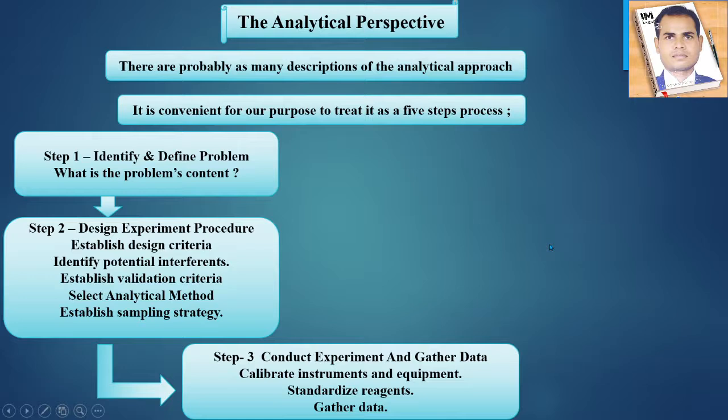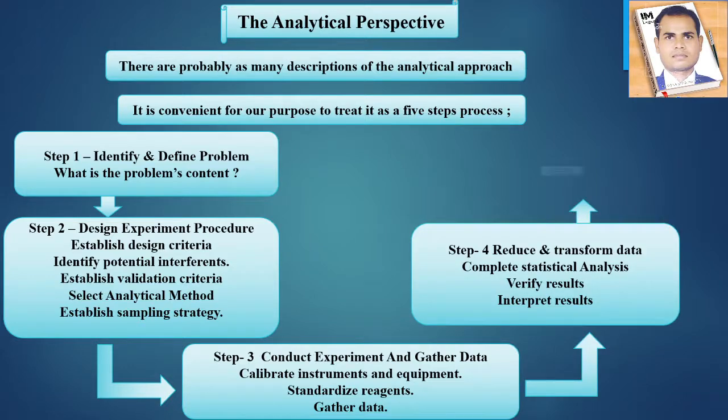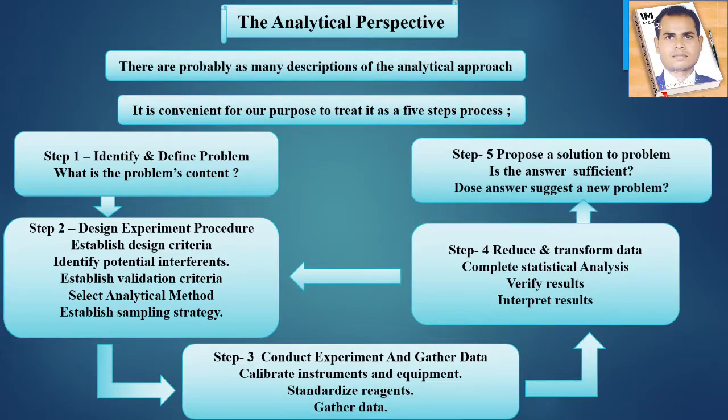And for the next step, you can see here step 5. The purpose: solution to the problem. Is the answer sufficient? If not, suggest new problems. Finally, the result. After the result, you can see whatever our target, whether that answer is sufficient or not.